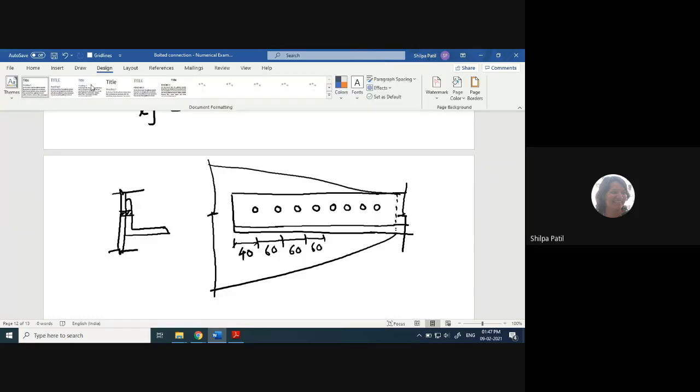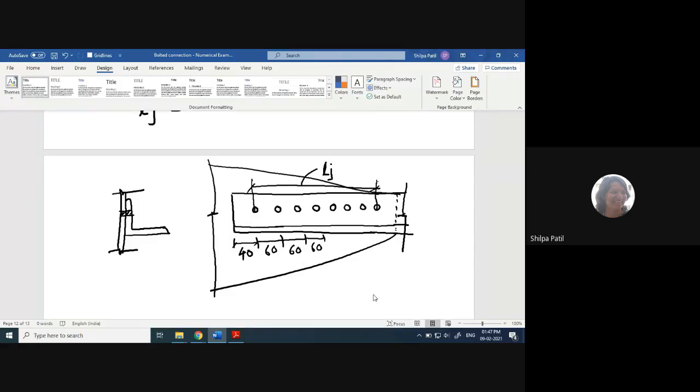So we want to find out this total distance, which is nothing but Lj. How will you find out Lj? This is 60, then 60, then 60.